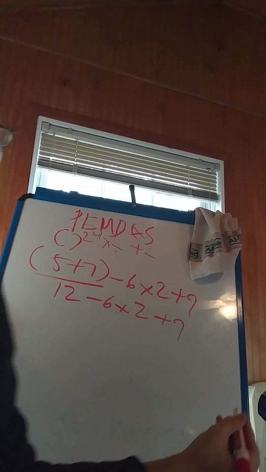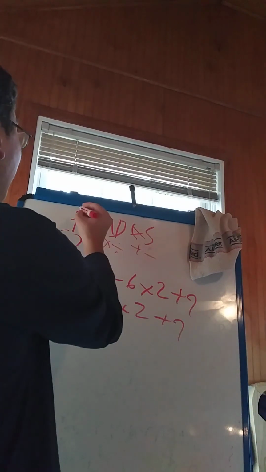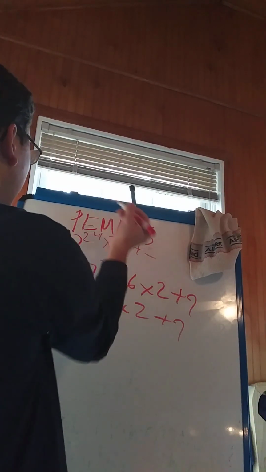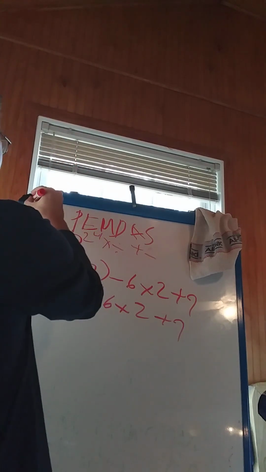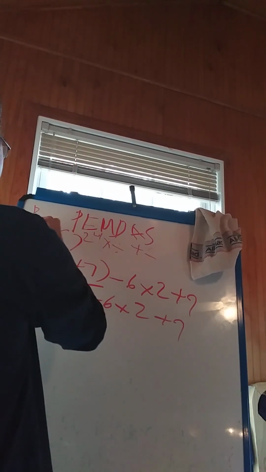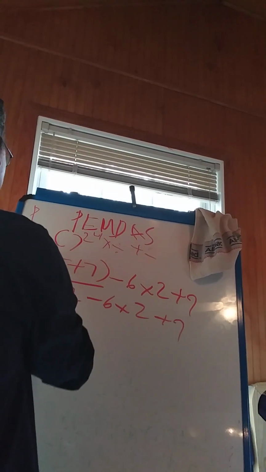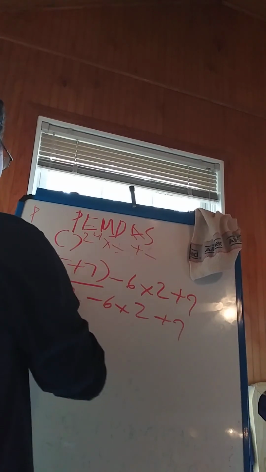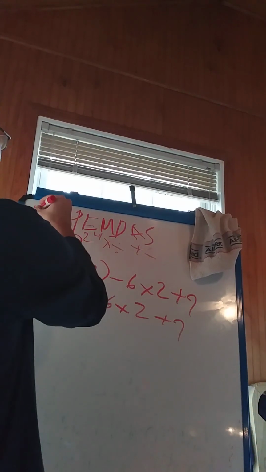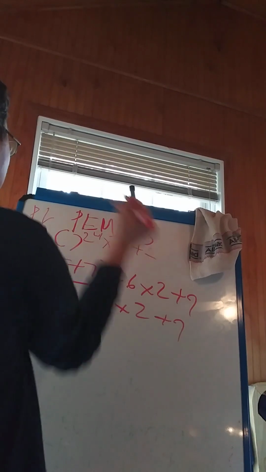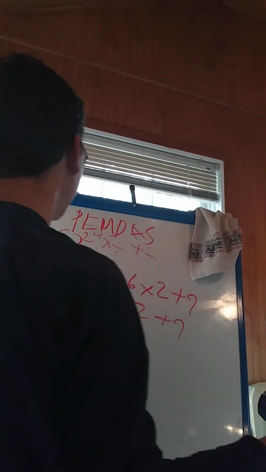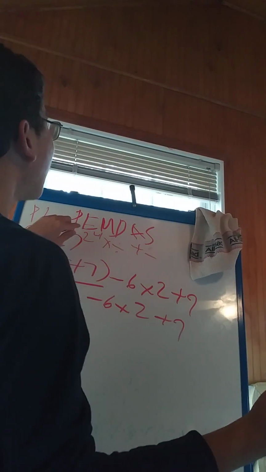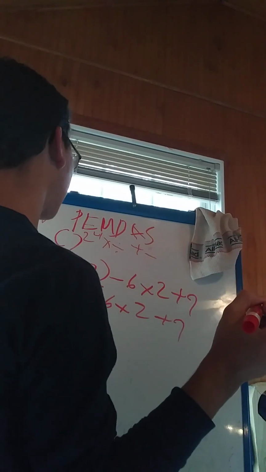And then now we cross the P out. So let's write it down here, I guess. So we cross the P out, so we check the P off. We've dealt with the parentheses. Now, what about exponents?